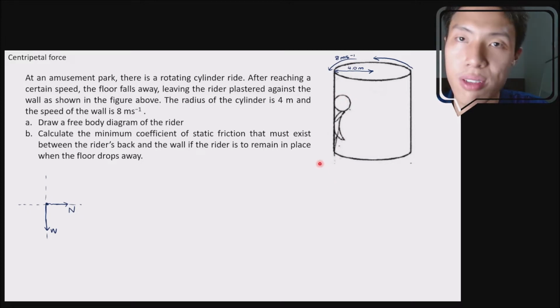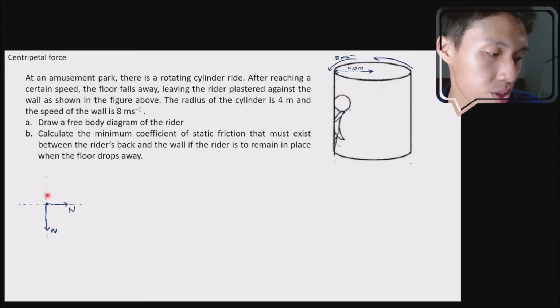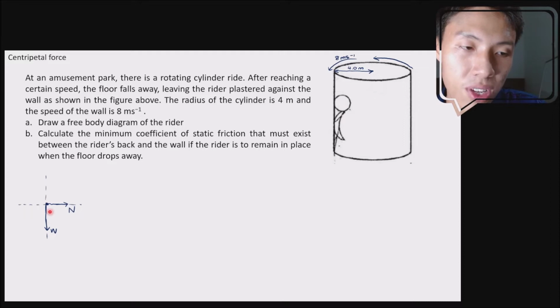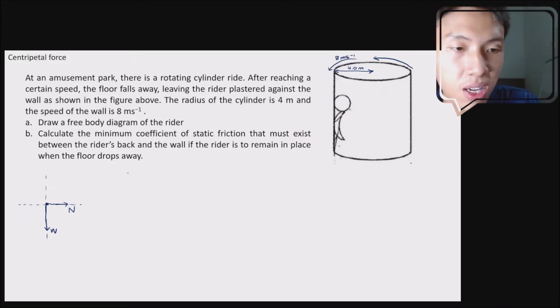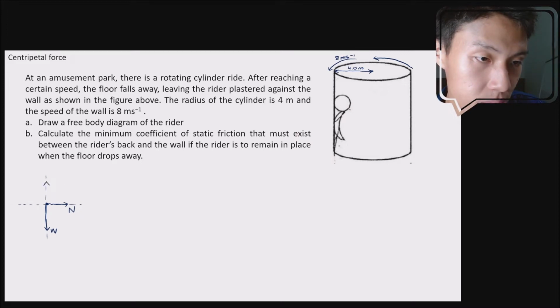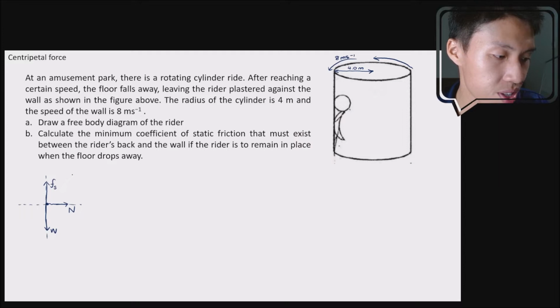It's because there's friction as well. Remember that this is a rough surface as well. So there should be a friction trying to balance the weight over here in order to prevent this person from sliding downwards. Again, there's no sliding that occurs, so this is a static friction.